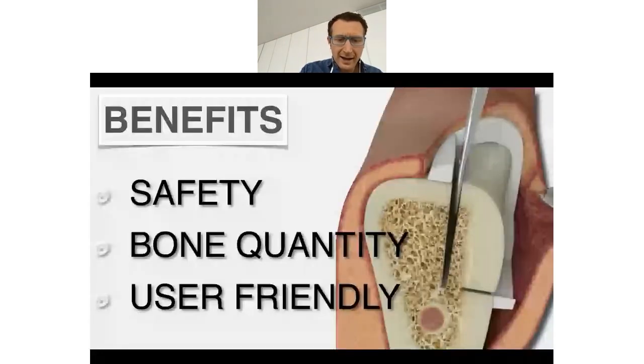I really can say that I've been working this way since 2012, and I would never again perform bone harvesting freehand, not because it's not possible, but because this way is much safer, much freer of stress for the surgeon, and much more predictable, because you can check from the beginning if you are able to get all the bone needed to perform the procedure.